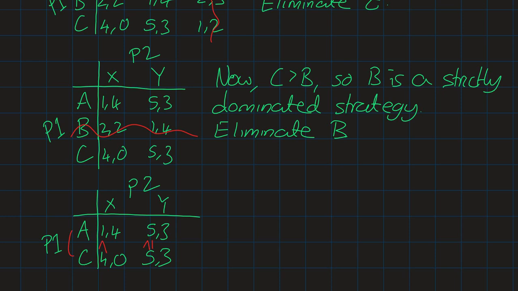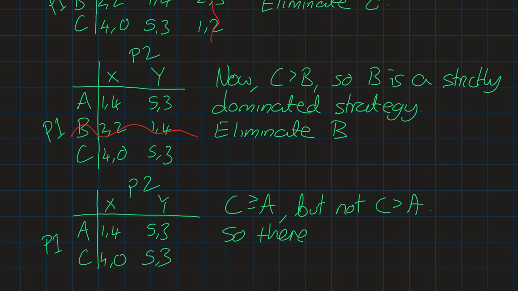There's not a strict inequality there. So we do have that C weakly dominates A, but not that C strictly dominates A. So there are no more strictly dominated strategies.